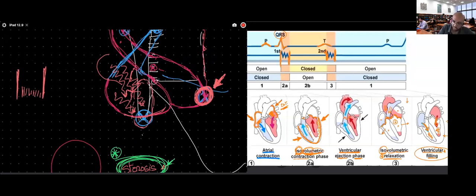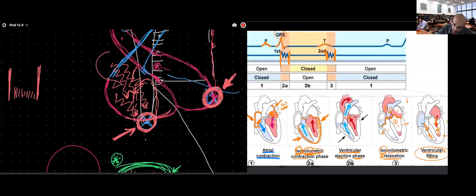So where would I hear a murmur resulting from a defect in the tricuspid valve? I will hear it best at the lower end of my sternum. This is where I hear the tricuspid valve best. Again, why? Because the turbulent blood is going to be traveling down into the right ventricle, and the right ventricle is directly behind the sternum.